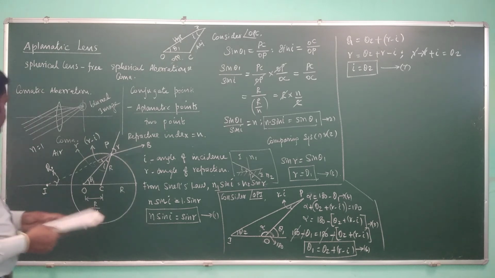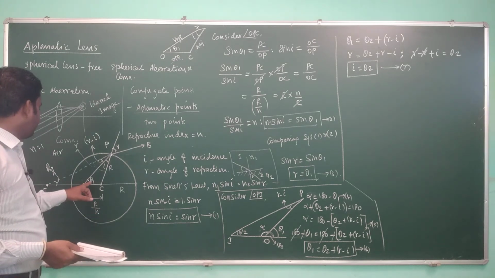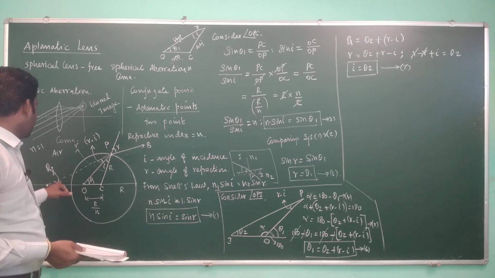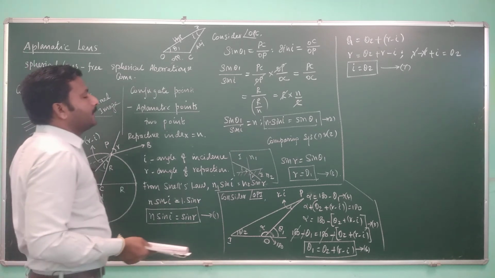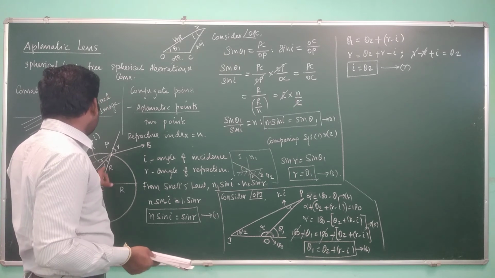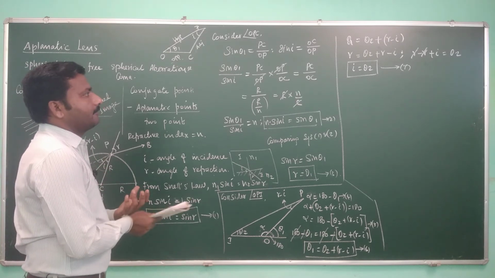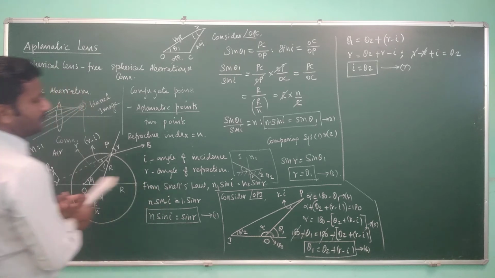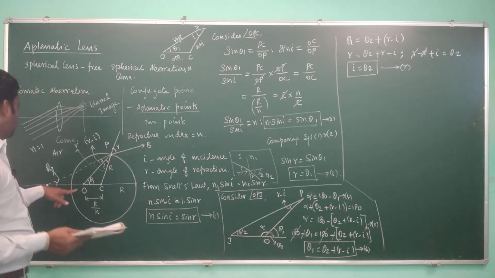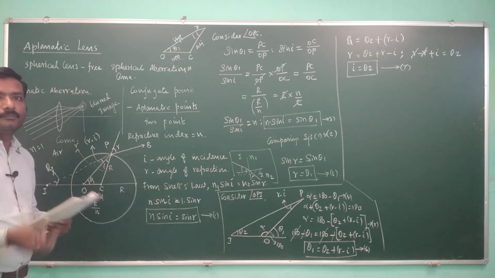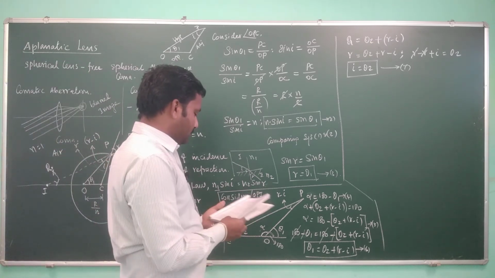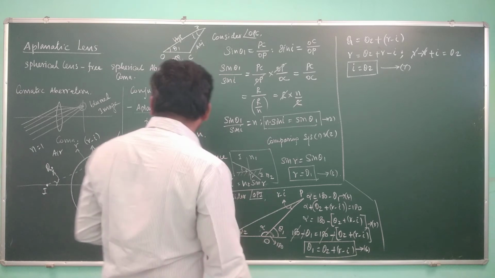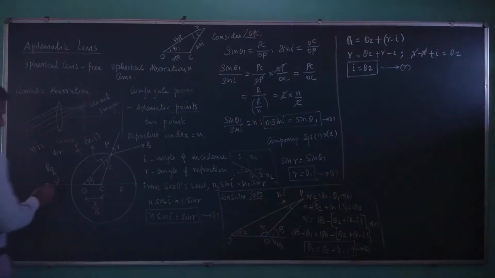So in this we have removed angle theta 1 and angle theta 2, and in their place now we have the angle of incidence and the angle of refraction. Whatever the angle of incidence and whatever the angle of refraction, that is equal to theta 1 and theta 2, right? So there are no extra angles in these equations. Now let us consider the similar triangles.